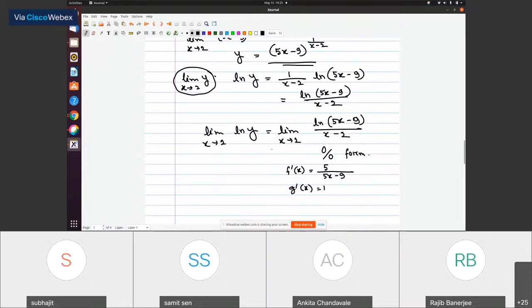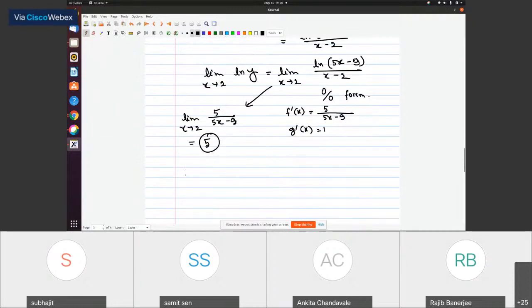So I can write this as limit as x tends to 2 of 5 by (5x minus 9), and this limit exists, so I just put the value there, and this will give me 5 by (10 minus 9), so 5. So as x tends to 2, my log y tends to 5.